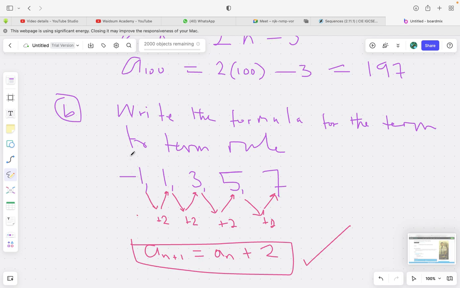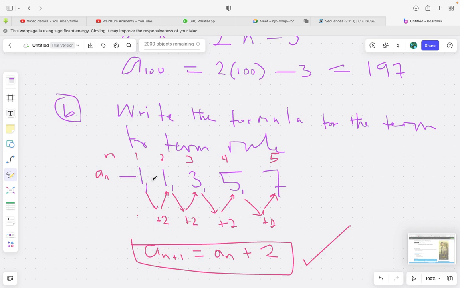In terms of position, this is position 1, position 2, position 3, position 4, and this is position 5. This position represents n, and the term represents a_n. So to get the next one, you say a_(n+1).